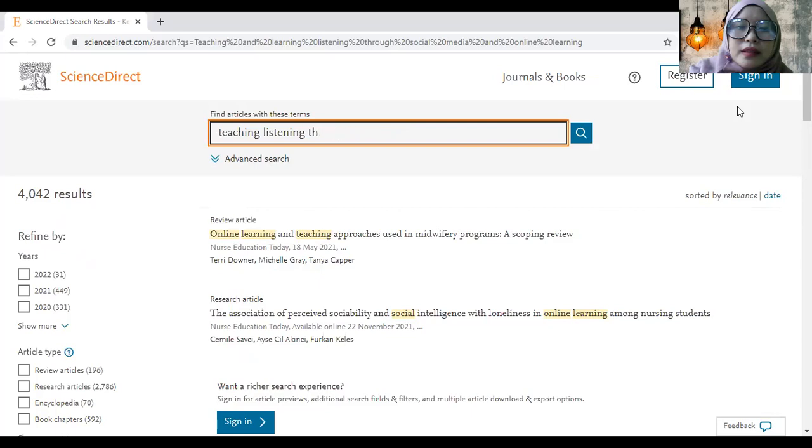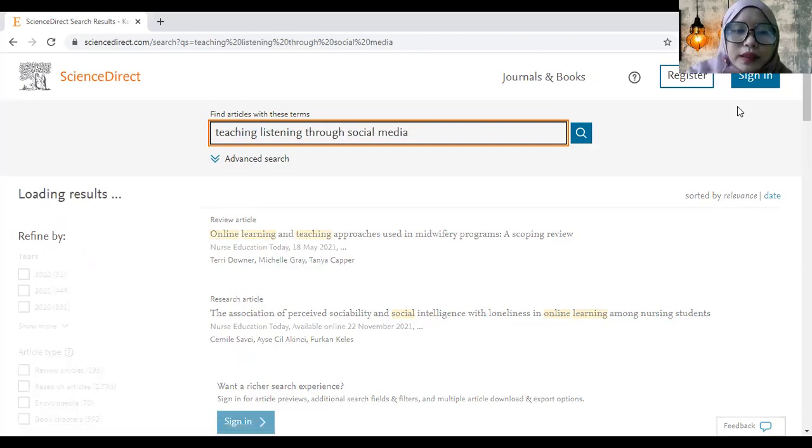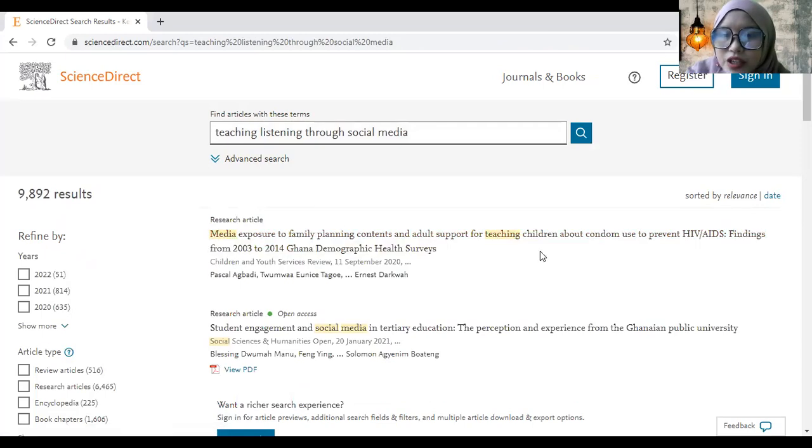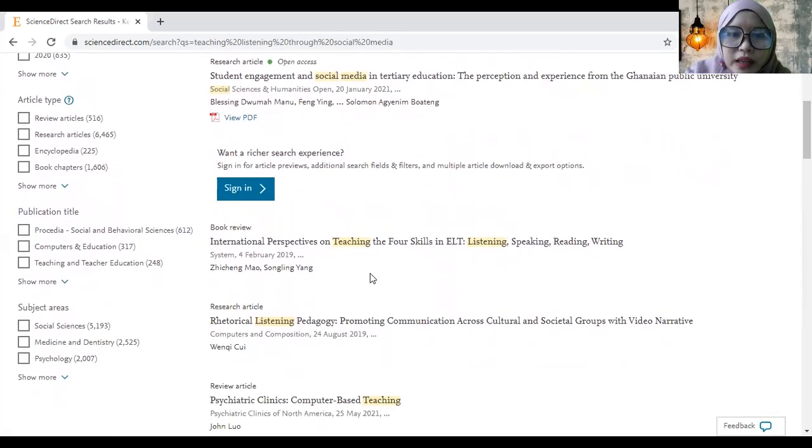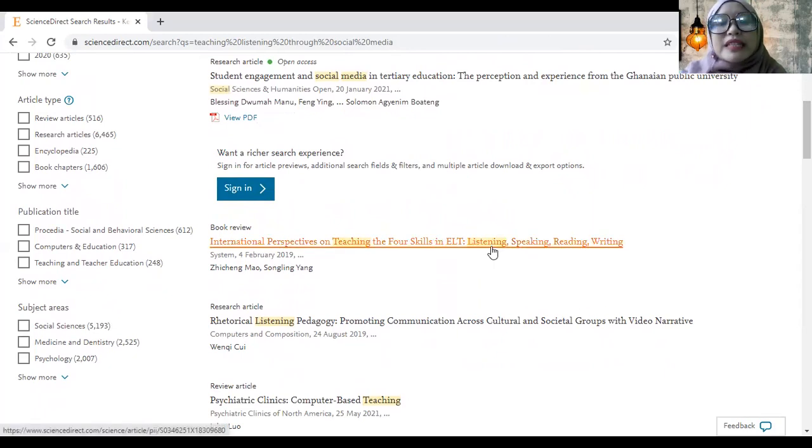Teaching children now, I guess it's not in the focus of listening. Now this one is okay, listening, but remember the focus is listening. If the article tells you about more than one main skill, don't take it. Just focus on listening.